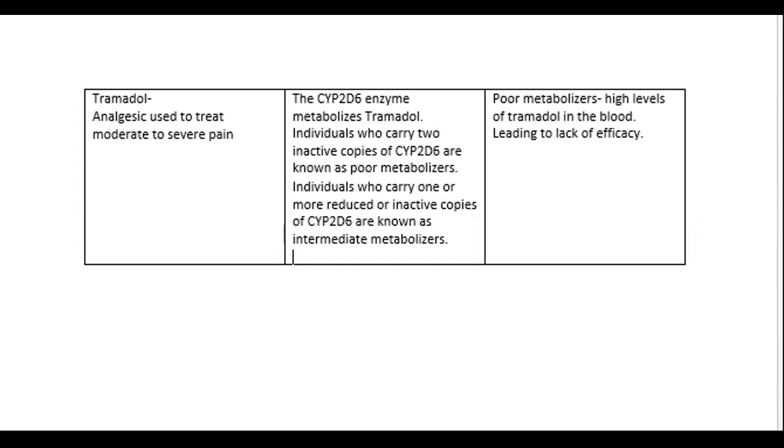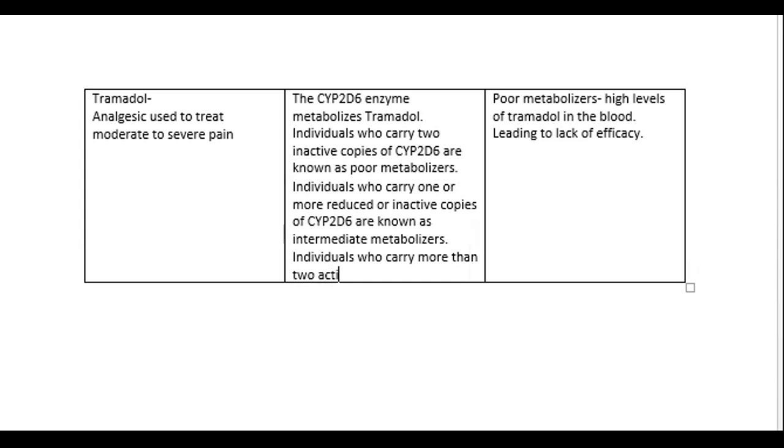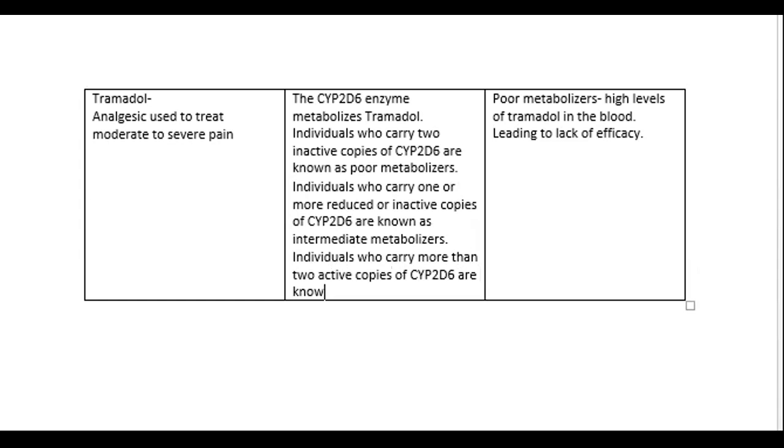And those who carry more than two active copies of CYP2D6, they are known as ultra rapid metabolizers.